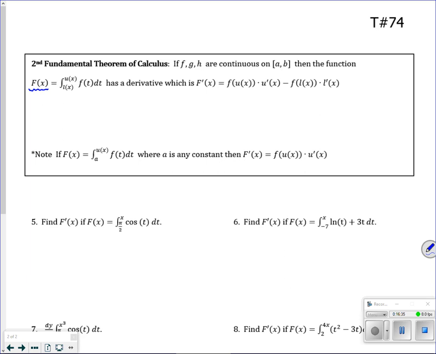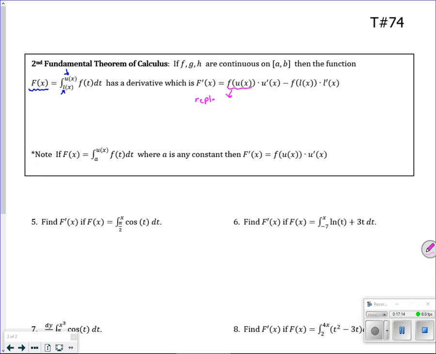If that is, and I have some upper bound and lower bound, whether these are constants or not, it has a derivative. If you're going to take the derivative of this function defined as an integral, y'all, I know that has a lot of letters. I promise it will make sense. And I'm going to put it in words.